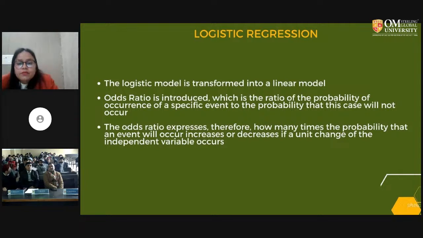So how many times the probability that an event will occur increases or decreases if a particular unit is changed in the independent variable. The independent variable's effect will be judged by whether the probability of the event occurring will increase or decrease. So here the equation will be somewhat difficult to understand as compared to multiple regression. Next slide, please.